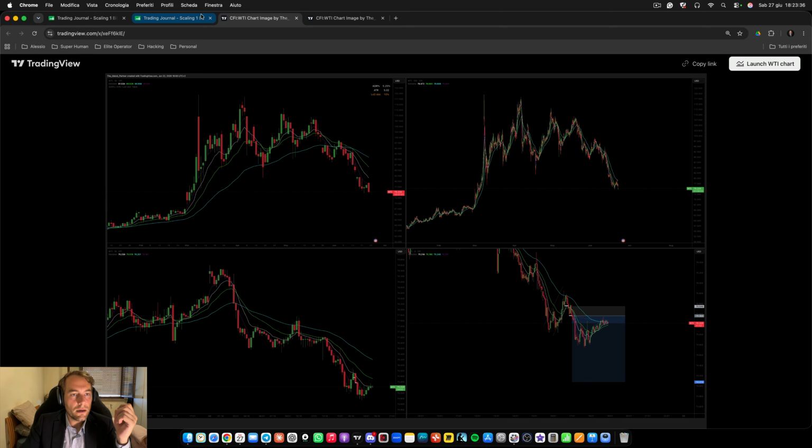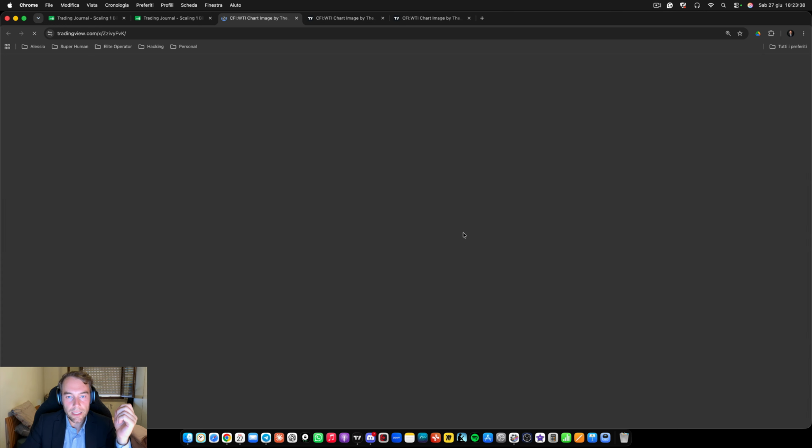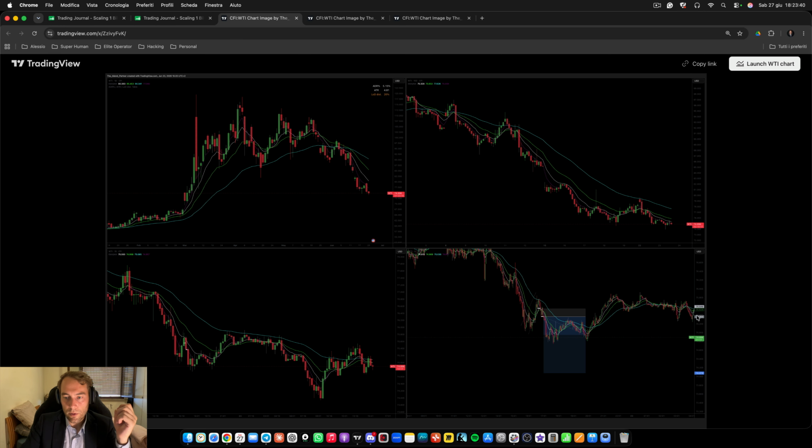And then it chopped around, then continued going down. But unfortunately we weren't able to reach the take profit. So that was the only trade that I took on the funded account. It was a break even, so I don't care.